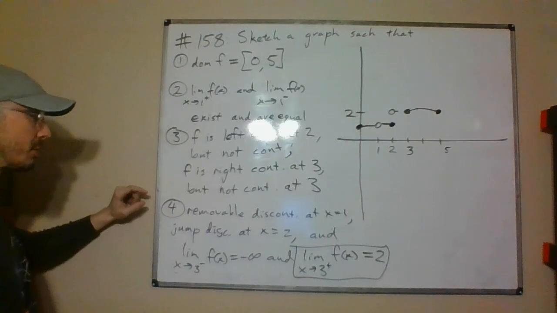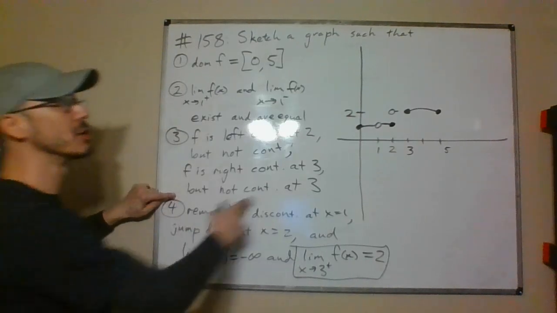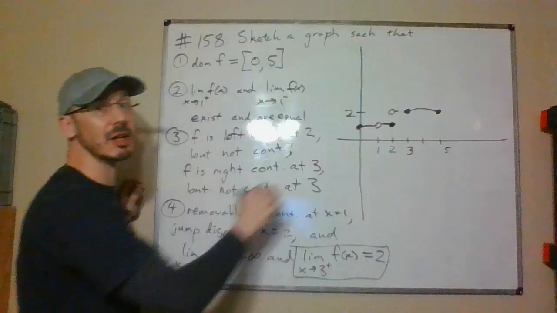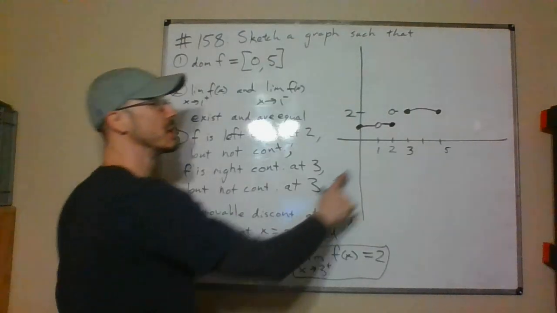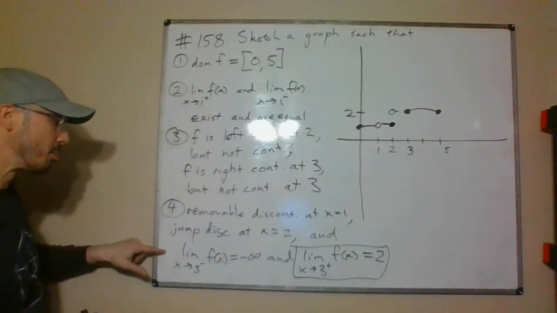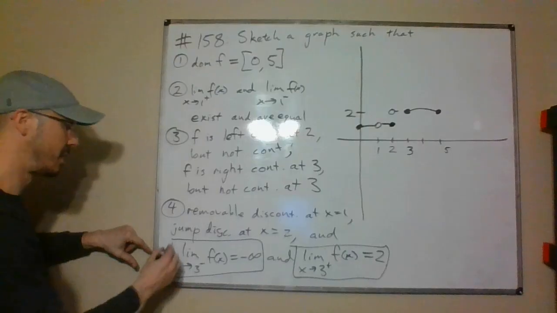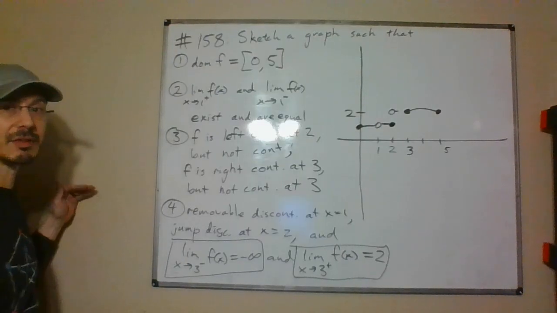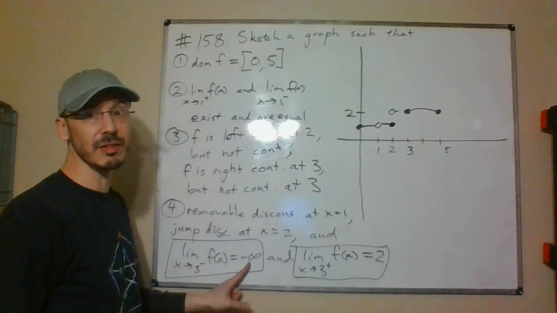I think we really took care of this. The removable discontinuity at x equals 1, we don't even need to put a point. The jump discontinuity at x equals 2, that's great. But for x equals 3 from the left, this is the one we have to look at. As x goes to 3 from the left, that needs to go to negative infinity.